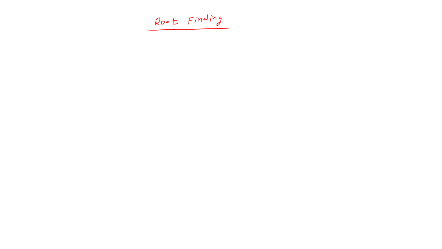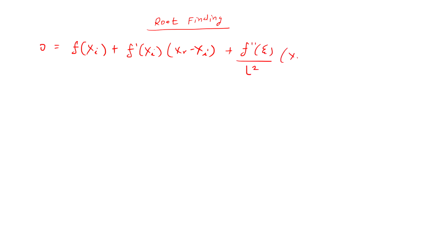So my equation number 2 is 0 equal to f of x_i plus f prime x_i (x_r minus x_i) plus f double prime chi upon factorial 2 (x_r minus x_i) to the power 2.